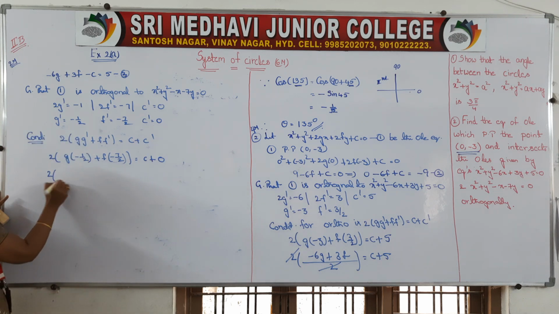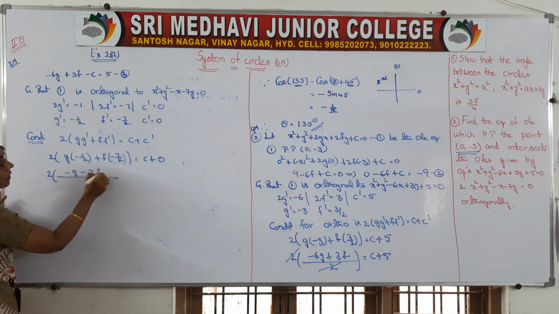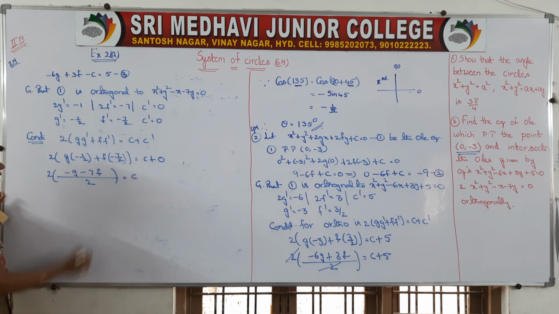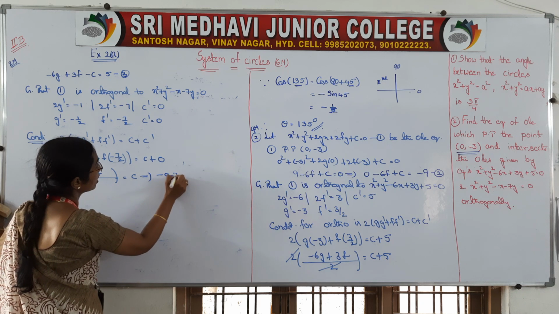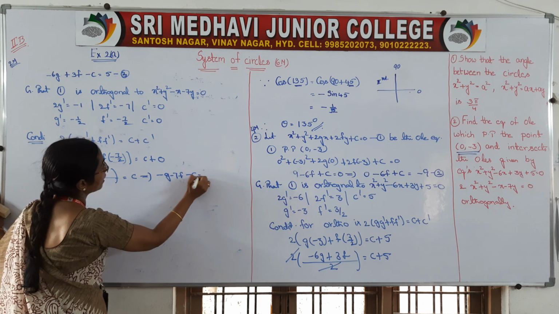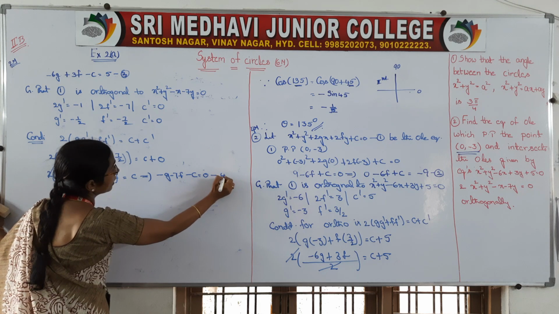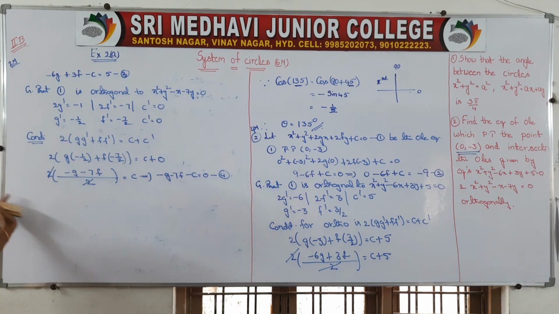Okay, so taking the LCM as 2, minus g minus 7f is equal to c. The 2 gets cancelled. So your equation is minus g minus 7f minus c is equal to 0. This is your fourth equation.